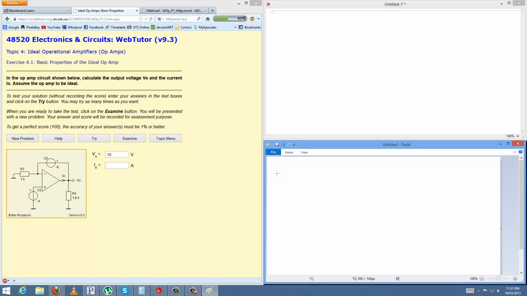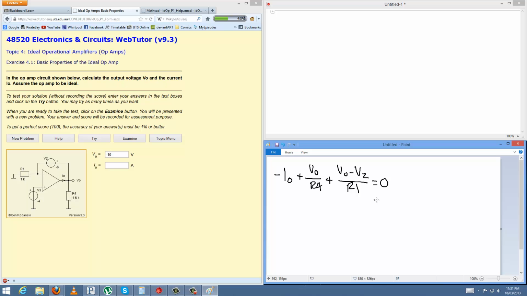IO goes into the node, so it's negative IO, and then it's positive VO on R4, and then we have plus VO as we go along the other branch, VO minus V2, so that'll be minus 6. So it's minus V2 on R1 equals 0.